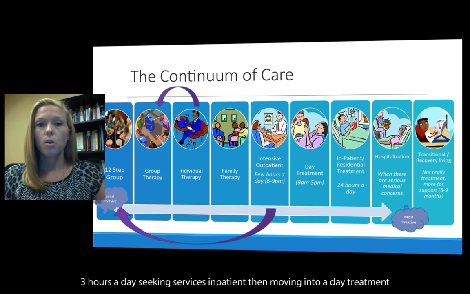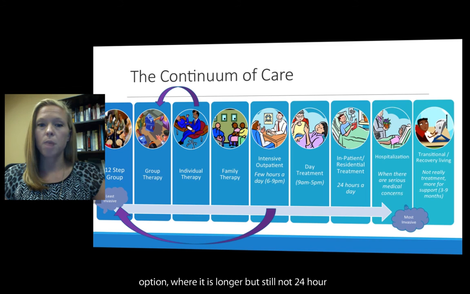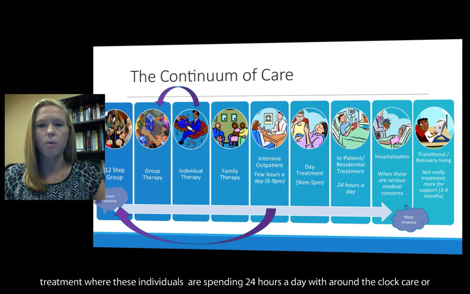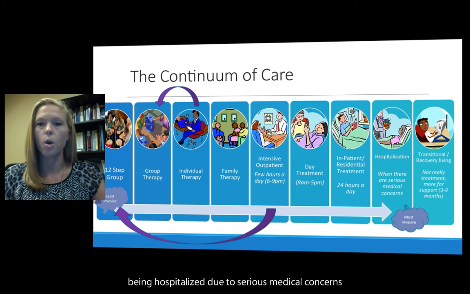Then moving into a day treatment option where it's longer but still not 24-hour care, all the way into inpatient residential treatment where these individuals are spending 24 hours a day around the clock or being hospitalized due to serious medical concerns, maybe needing detoxification services.